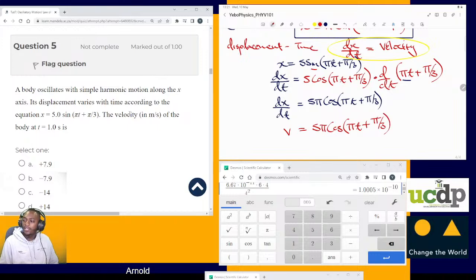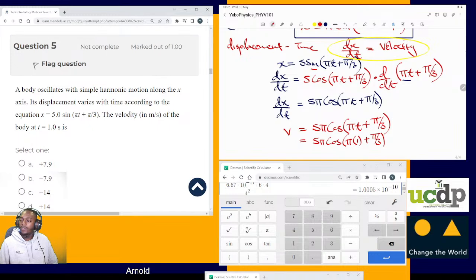That is our expression to find the velocity. Now we can punch this. So this is 5 pi cos pi times 1 second plus pi over 3.